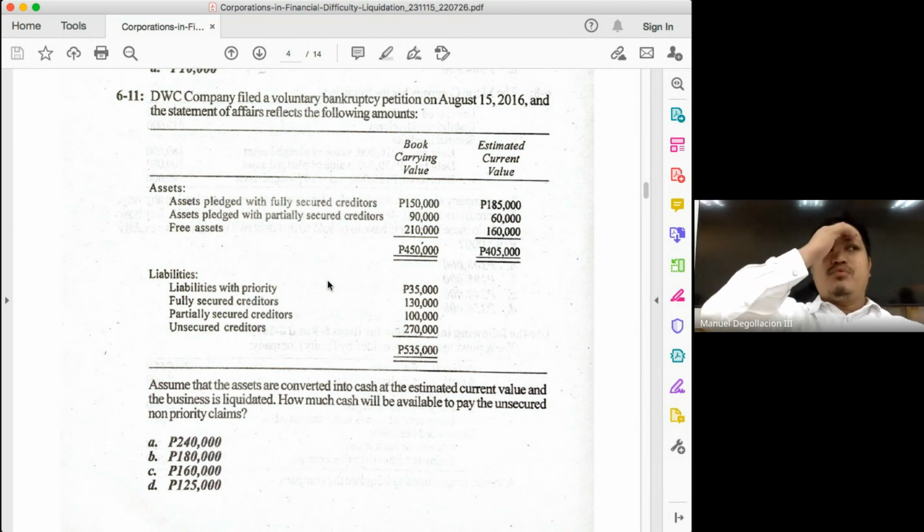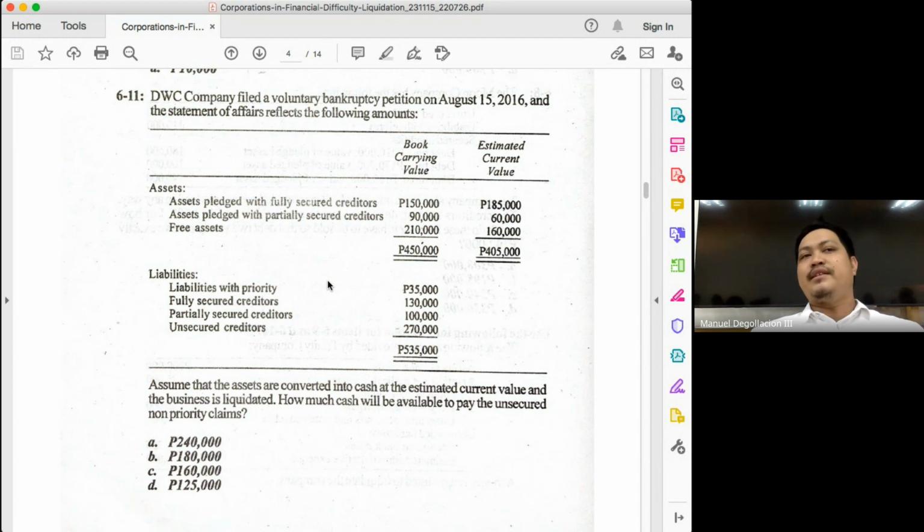The 2 items that will require computation, class, would be the amounts to be paid to your partially secured and your unsecured without priority. And in solving for the amounts to be paid to these 2 groups of creditors, the most crucial again is the computation of your recovery rate. And the computation of your recovery rate is very simple.